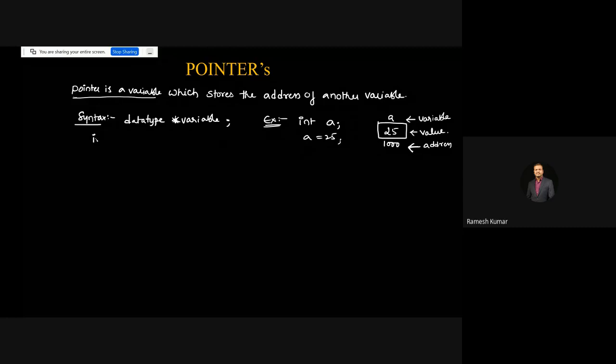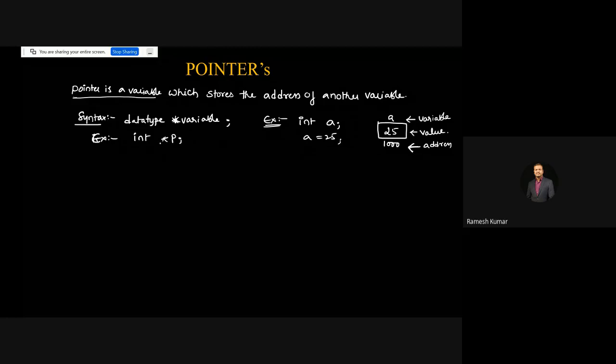Let me give a small example. Suppose I declare a pointer variable int star p. Now p is a pointer which stores the address of integer variables. Generally, people call int star p an integer pointer, saying p is an integer pointer.